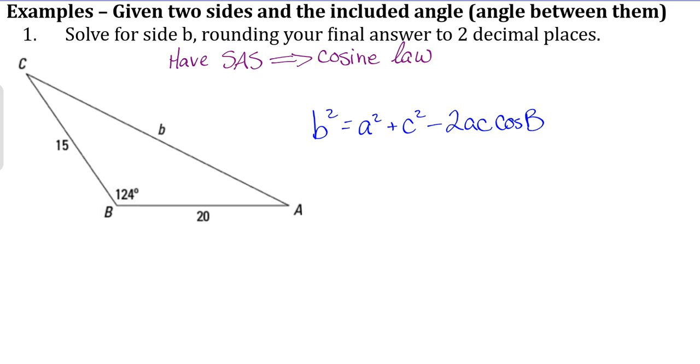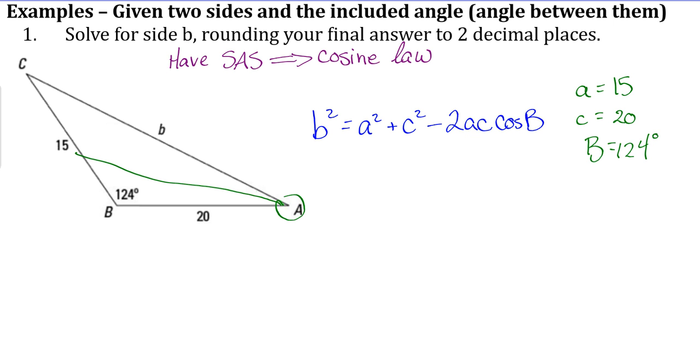I find it helps to have a list of my knowns, what I know about this triangle, so I'm putting the right values in the right place. So I know that side A is 15. That's the side that's across from angle A. And then I know that C is 20, and my angle B is 124. I can then go ahead and plug those values into the formula.